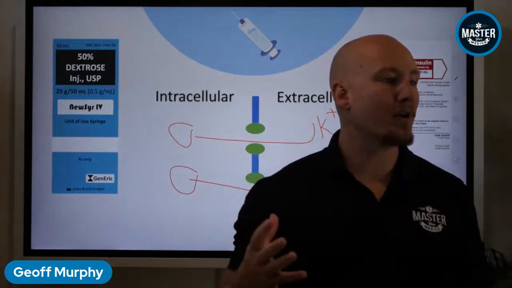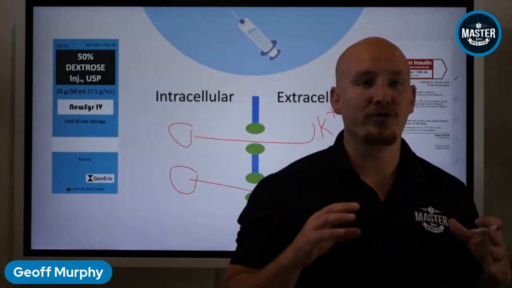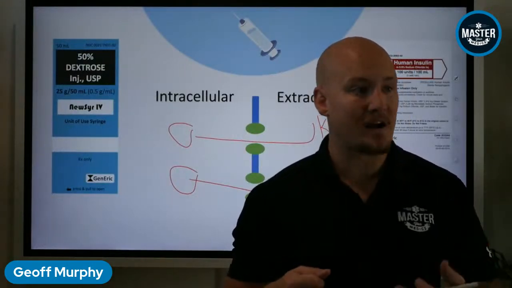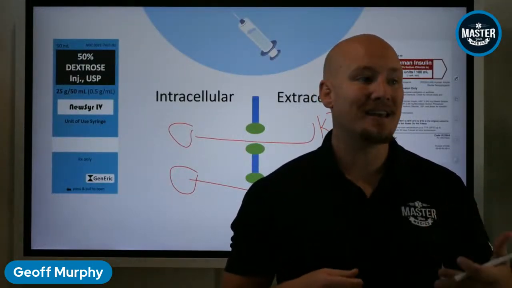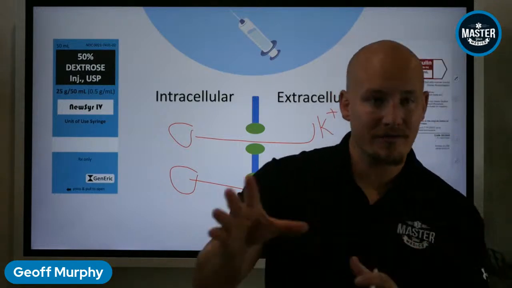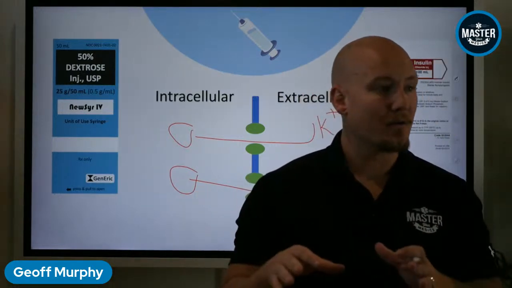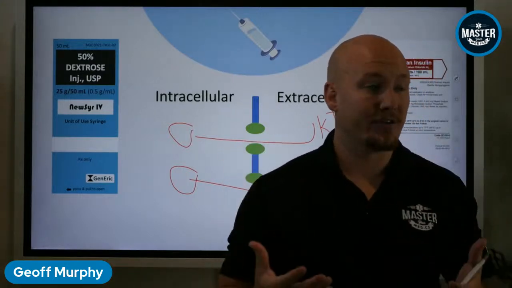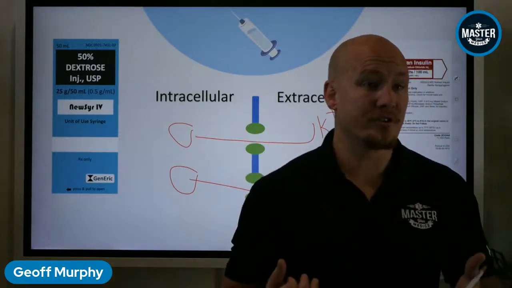And so the whole point of all of this is not to fix your patient. Your whole point of this is to literally buy your patient time. Because what they need is dialysis, because there's no way to actually get rid of that potassium without either restoring kidney function or dialysis. Those are really the two options that we have here.